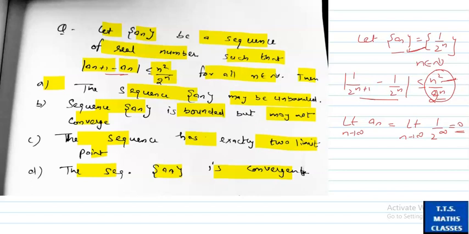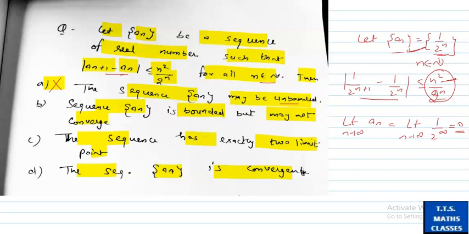The boundary points of the natural numbers are infinity and 1. So definitely it is bounded at infinity as well as at 1. So option A is wrong, because according to option A, this sequence may be unbounded.